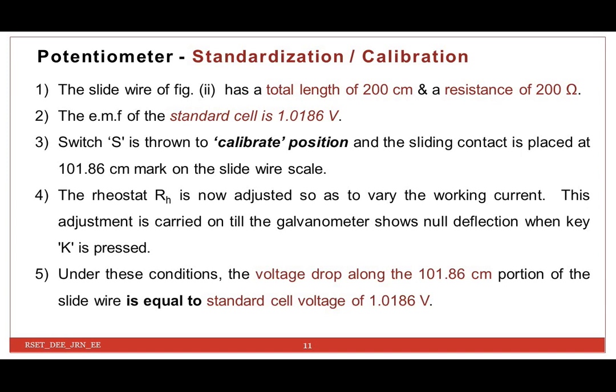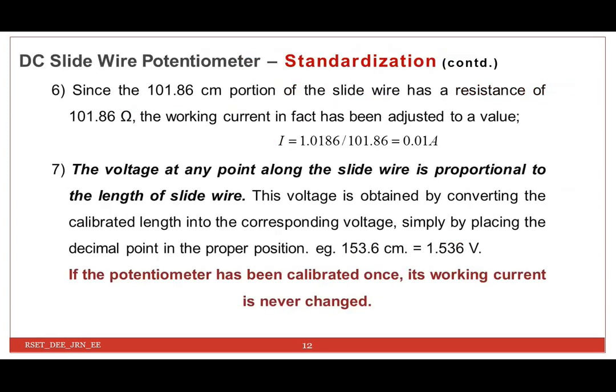Under these conditions, what does it mean? The voltage drop along the 101.86 centimeter portion of the slide wire, that is section AB, is equal to the standard cell voltage, which is equal to 1.0186 volt. So E1 is equal to 1.0186 volt.